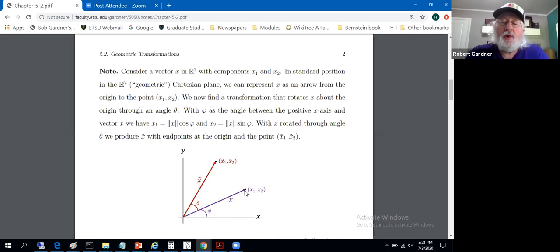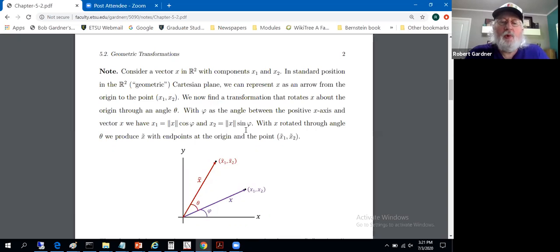If it were polar coordinates, you'd say something like this coordinate here is r cosine theta, this coordinate here is r sine theta. Okay, we don't have r's, we've got the norm of that vector, and we don't have thetas in this role, we have phis. But it's the same kind of thing you'd see in polar coordinates. The x1 coordinate is norm of x times cosine phi. The x2 coordinate, y coordinate if you like, is the norm of x times sine of phi.